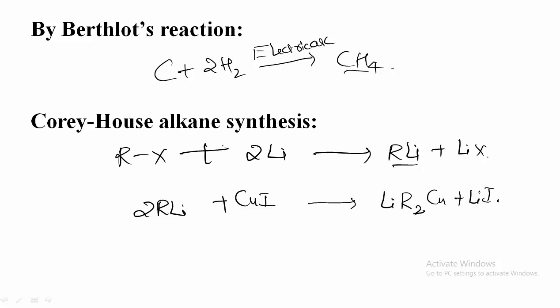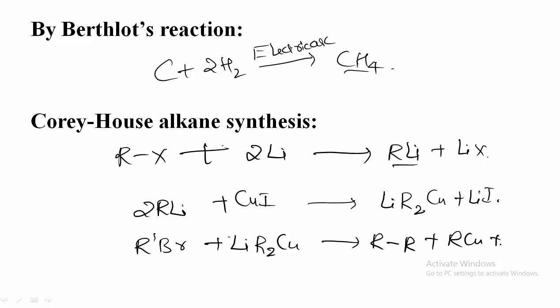So lithium dialkyl copper will be formed. And then any alkyl halide, when it is treated with this LiR2Cu, it will give alkane along with RCu plus lithium bromide.